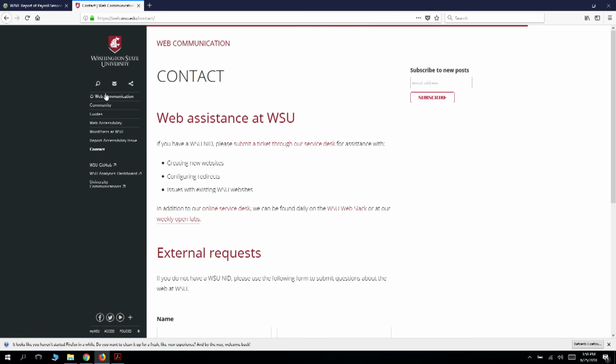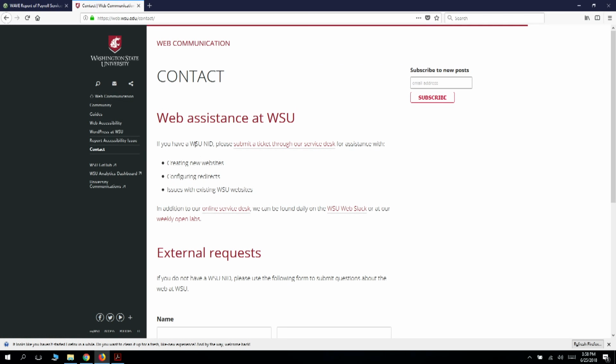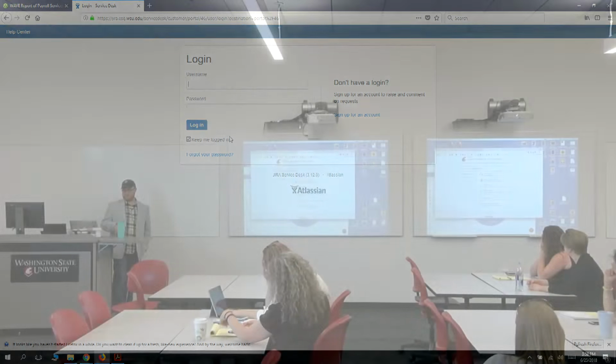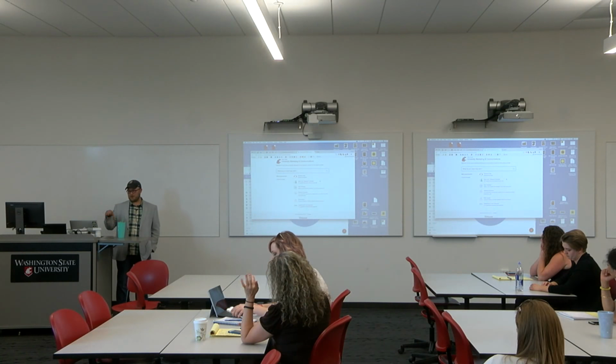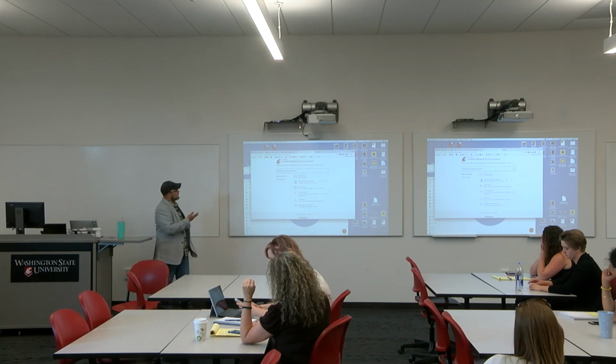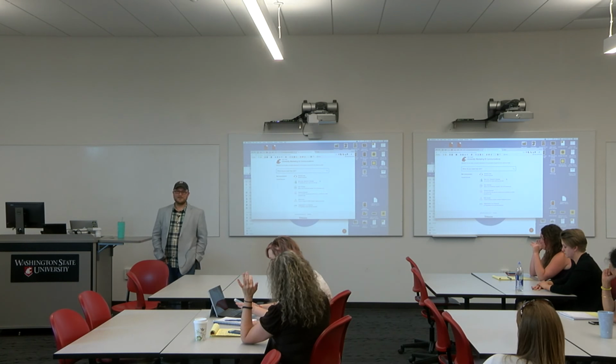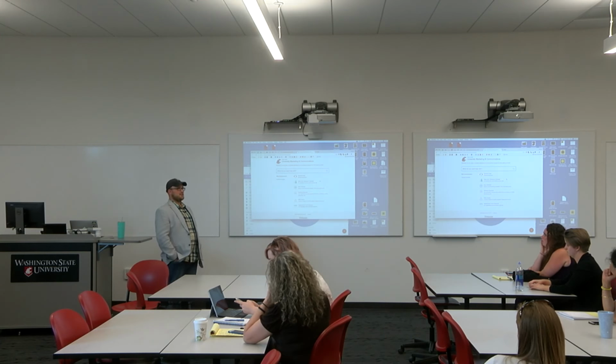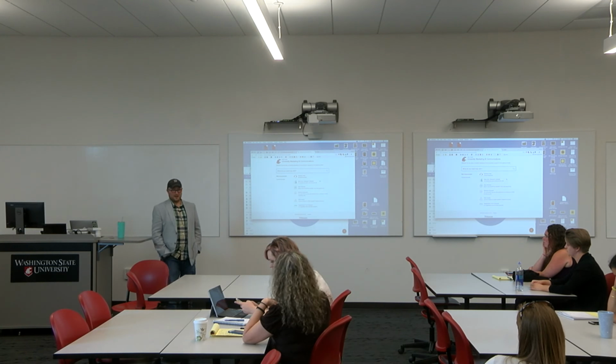You'll see if you are a WSU employee and if you have one, click here. And this takes it to our ticketing system on Jira, where if you have anything you want to talk about, and it doesn't even have to be general help. If you want to give us a general comment, go ahead. If you send an email to slacker@wsu.edu, you have about a 3% chance of it probably getting read within 48 hours.